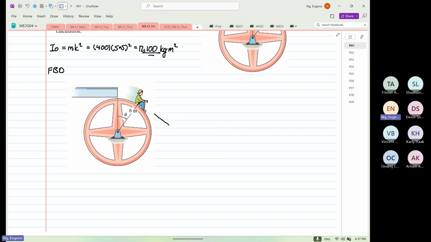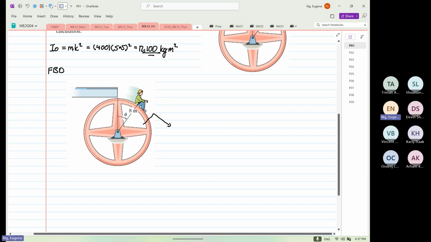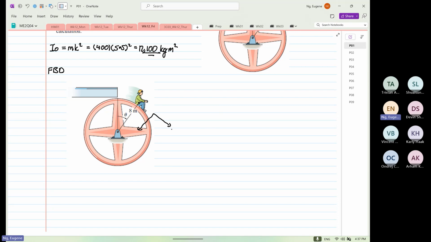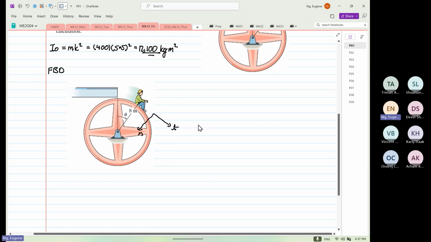Okay, right? So this is how the boy will fall off, and it's about a fixed axis. Then we have over here our t and our n axis. Okay, so we're going to analyze how this system is going to behave based on the t and n axis.